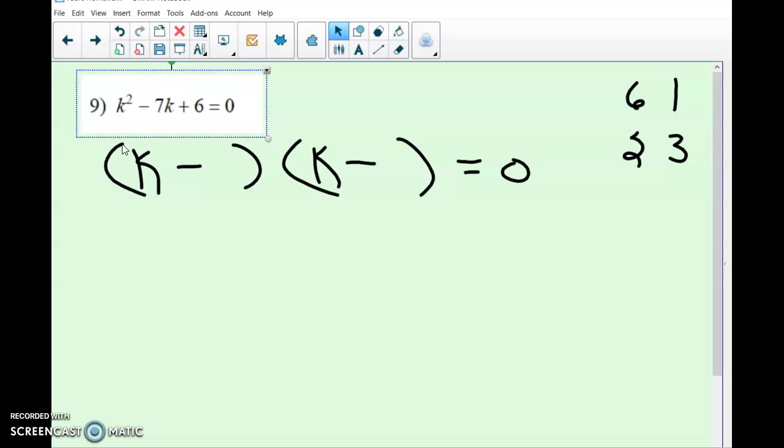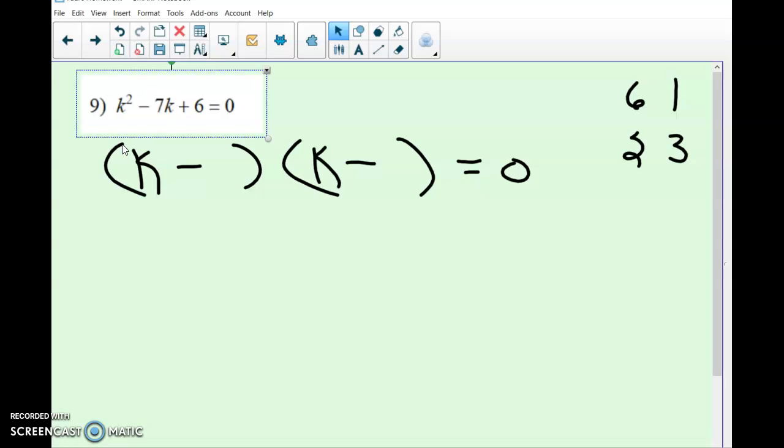Do I have factors that add up to 7? Michael, that's a great job. 6 and 1. Does it matter where I put them? I don't think so. You're right, it doesn't matter.